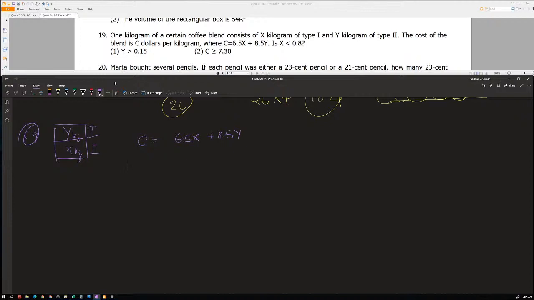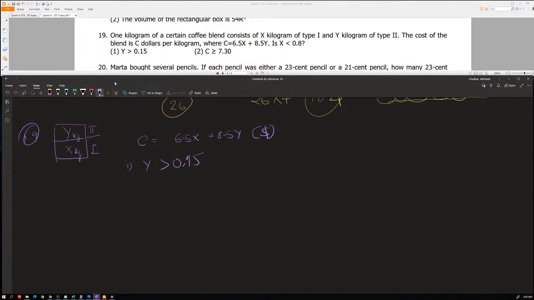So in the first option they give, C is basically the cost, just not to confuse with the amount. Okay, so Y is greater than 0.15. Since this might be anything like 0.15, suppose this is 10,000 or something, it could be anything, right?